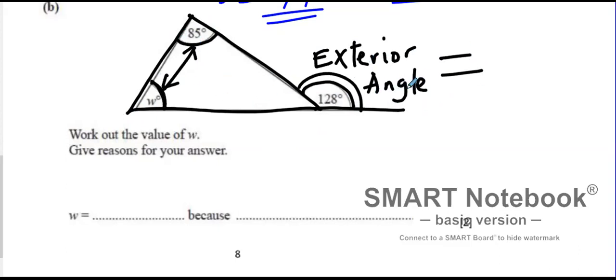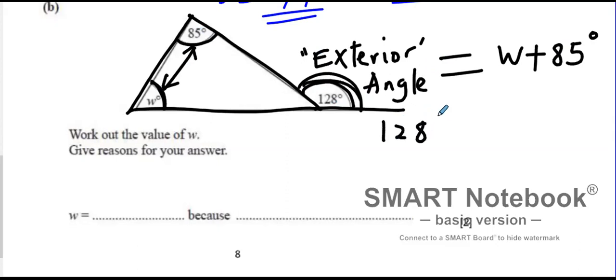So the exterior angle equals the sum of these two interior opposite angles, so equals W plus 85 degrees. Now the exterior angle given is 128. So 128 equals W plus 85.